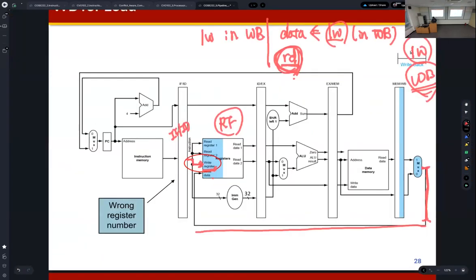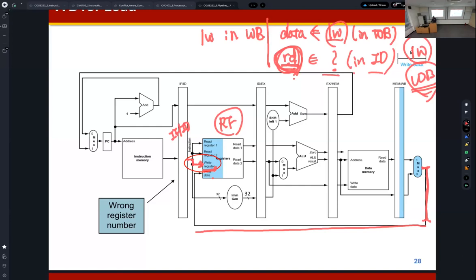The problem is, the data is the data of load word in the write back stage. But in this figure, the RD is the RD of the instruction in the ID stage. Do you understand? Which means that the RD is an incorrect register number, because in this figure the RD is the RD of the instruction in the ID stage.